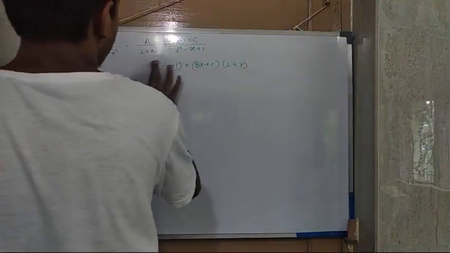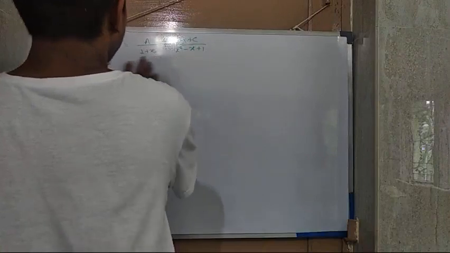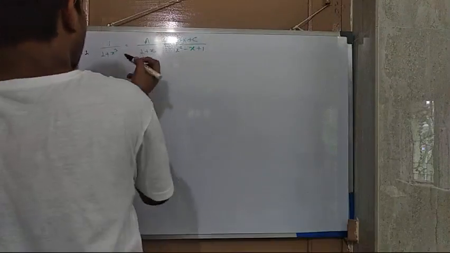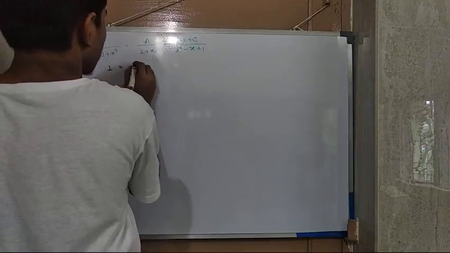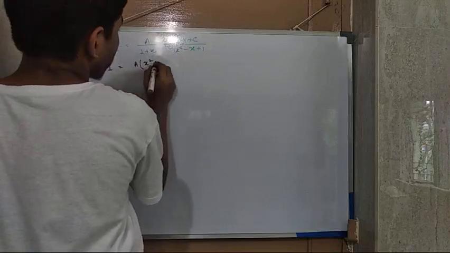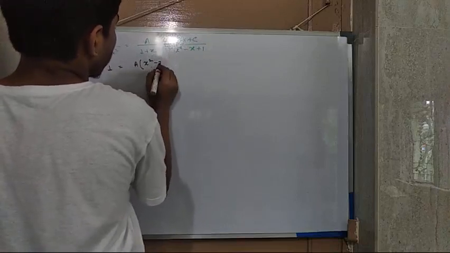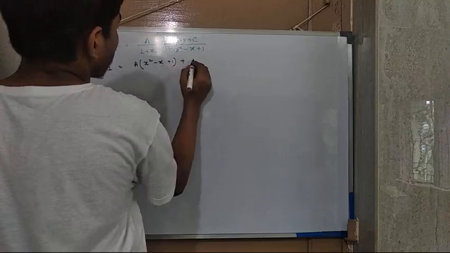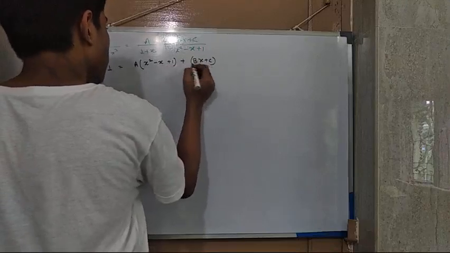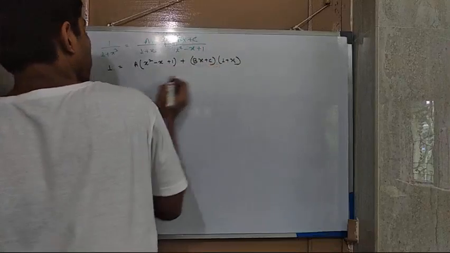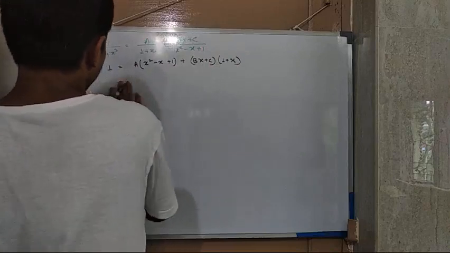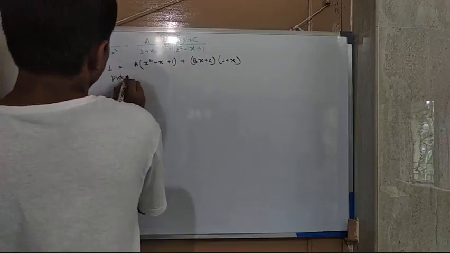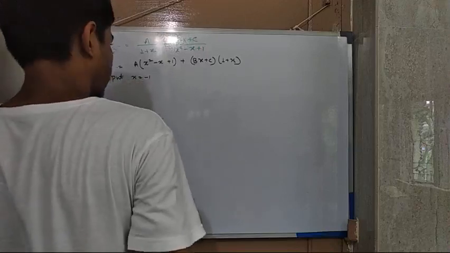So actually this is what I'm going to write: 1 is equal to a times x squared minus x plus 1, plus bx plus c times 1 plus x. Put x equals minus 1 at first.